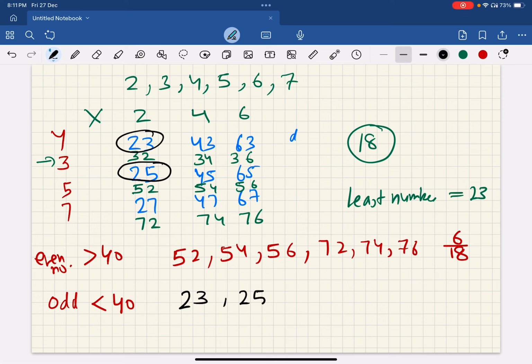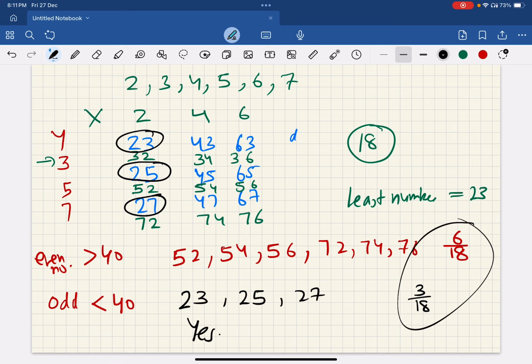Let us write that down. Then 27. So these are the odd numbers which are less than 40. So what is the probability? 3 by 18. So she thought the probability of getting an even number is more. Is she correct? We will say yes, she is correct. We have to show the working.